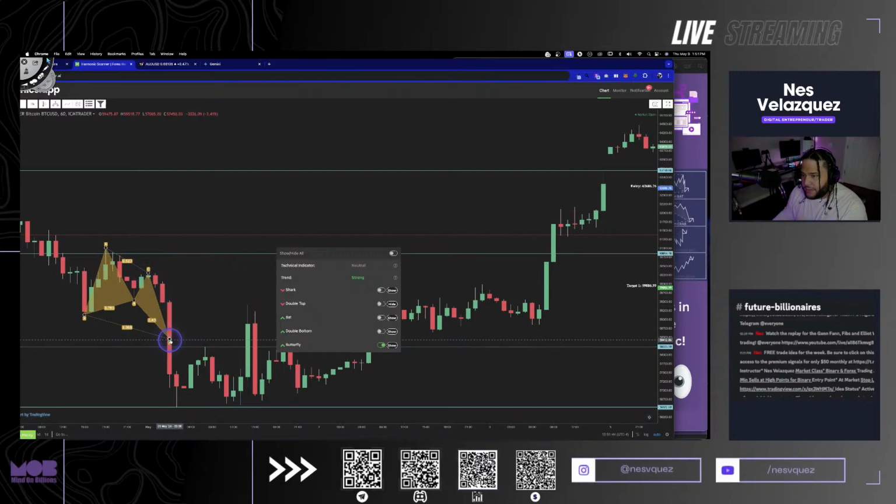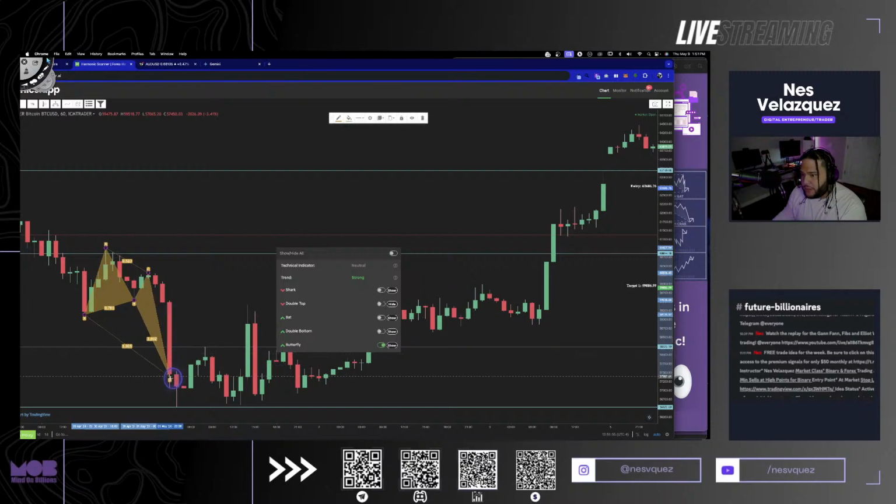So this projected it probably in the middle of this candle, because obviously the candle didn't close here. So it would be more like this. See where the wick is at. Here's the actual low.